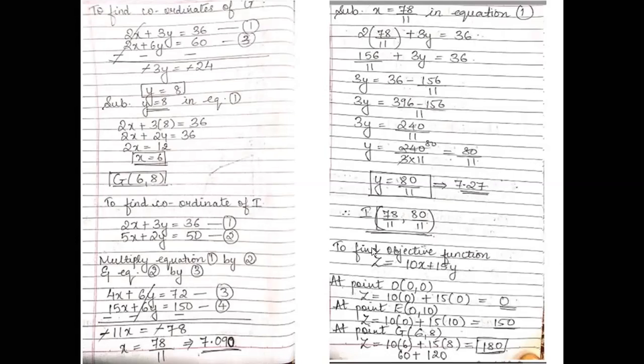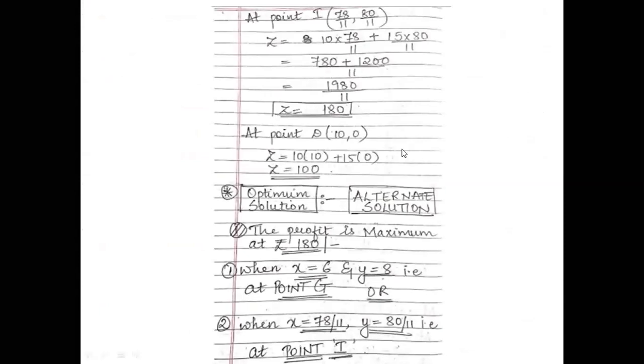After getting all the 5 coordinates, we have to put them in the objective function z. As you can see, the next step to find the objective function z, I substituted point O, point E, point G, point I, and point D. So I have substituted all the 5 points of my feasible region in the objective function.